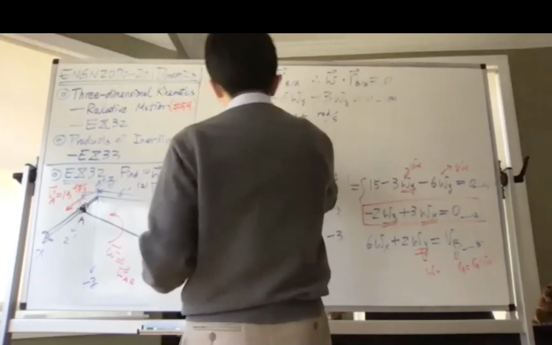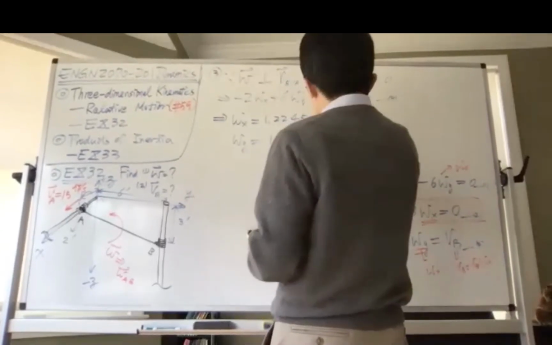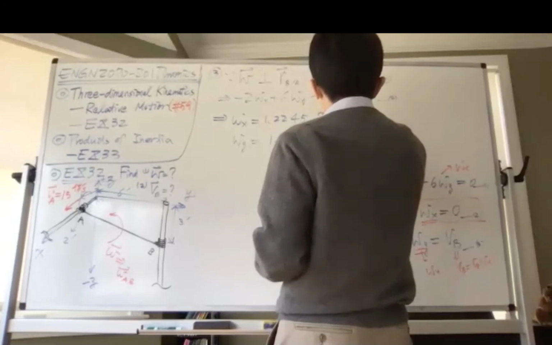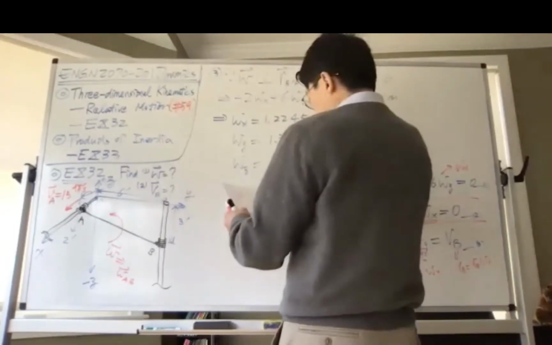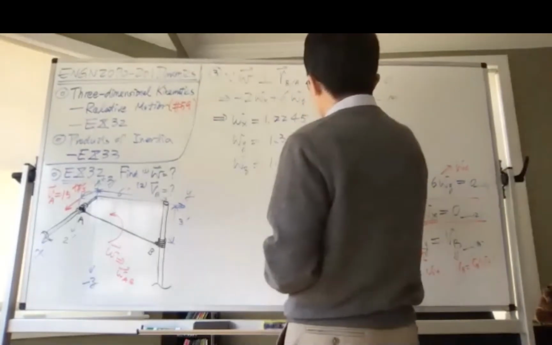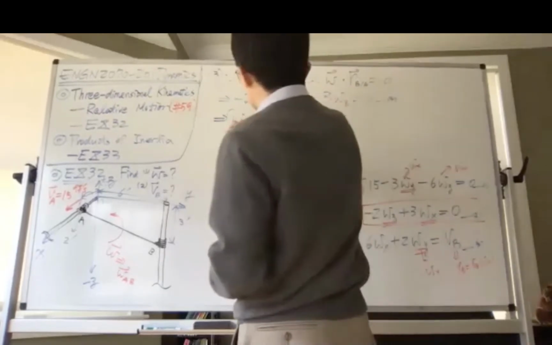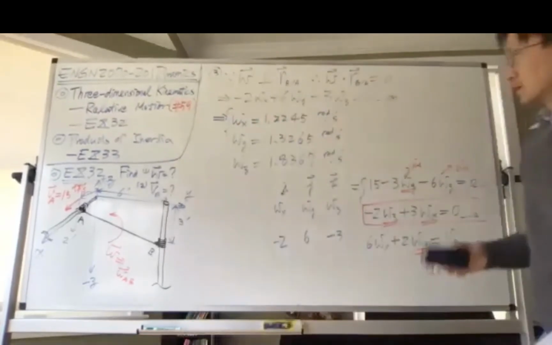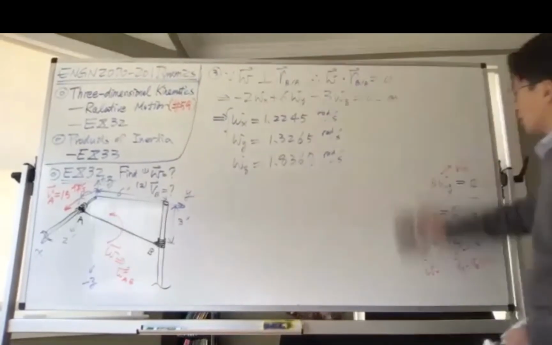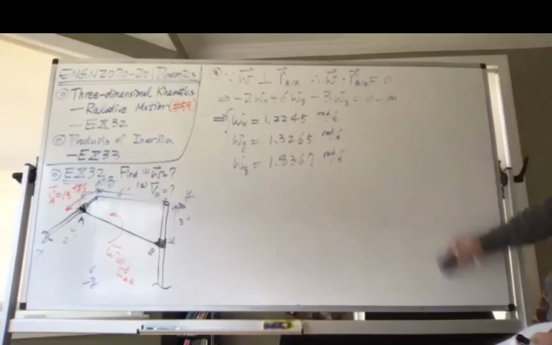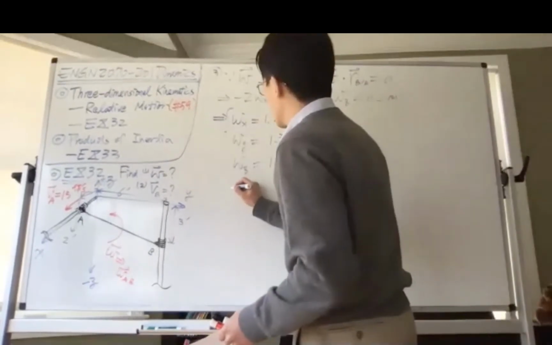Omega y is found to be 1.3265 radians per second, and omega z is found to be 1.8367 radians per second. This is the final answer for omega.